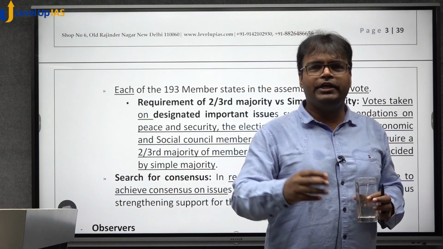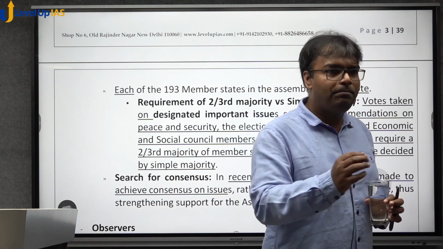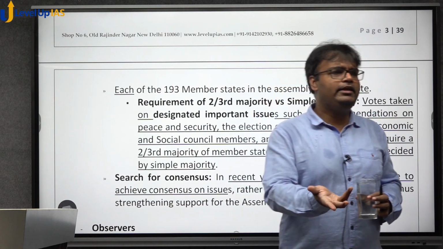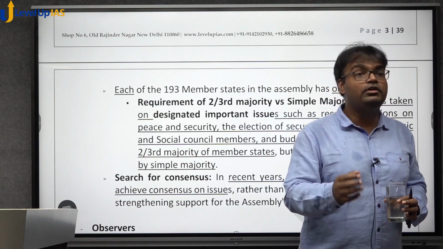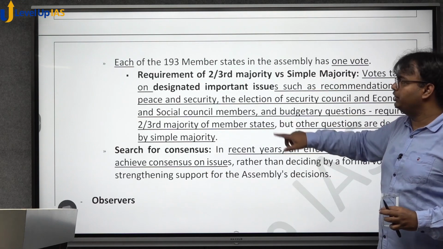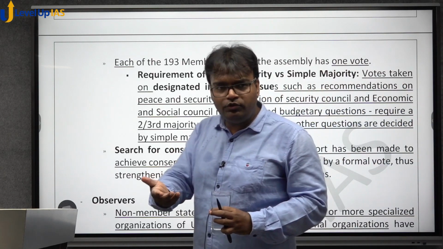In day-to-day affairs, the decision can be taken by simple majority. But things which are crucial, for example passing of the budget, there the decision would be taken by a 2/3 majority. So there are two different kinds of majority required in the United Nations General Assembly.